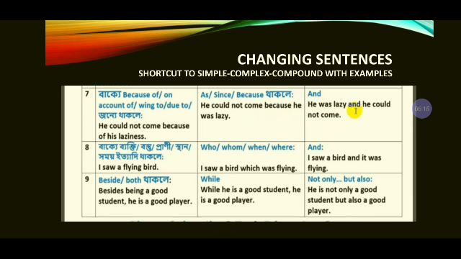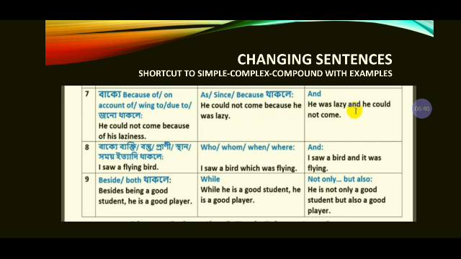In the complex sentence, connect with the subordinate conjunction as, since, or because, and the compound uses and. Example, he could not come because of his laziness. Complex, he could not come because he was lazy. And compound, he was lazy and so he could not come.